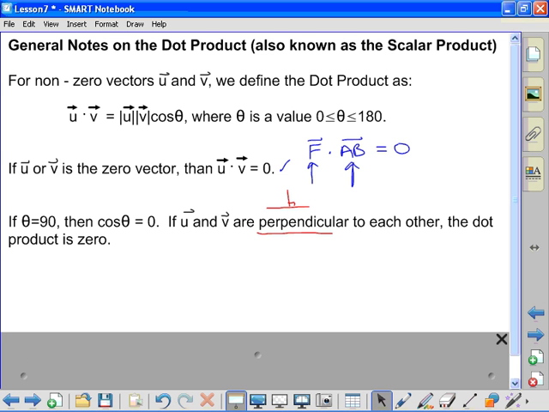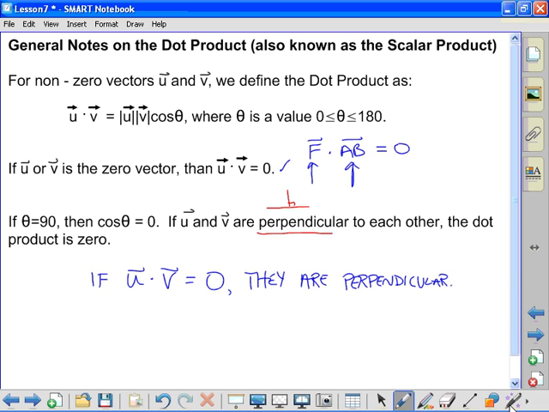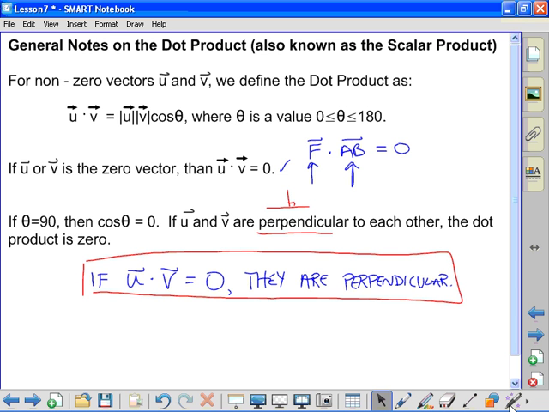So, all right, two very, very key things here, and this is what needs to get on that cheat sheet and what you're practicing with. If two vectors, when you do the dot product, are 0, they are perpendicular. And this becomes really important for us in Unit 2. So here we're just learning about the dot product, but understanding and remembering this for Unit 2 is extremely important.